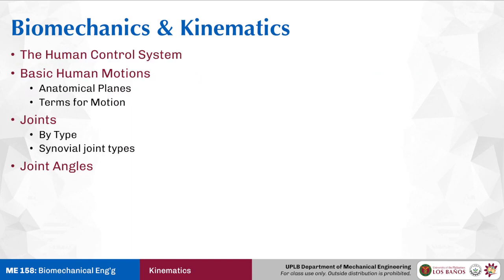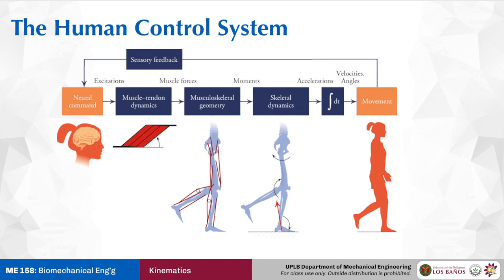So these will be our coverage for today. We will talk briefly about the human control systems, then go through basic human motions, the joints, and conventions for the joint angles. Now, humans, they're kind of like machines, not very similar to machines, but they can be contextualized as machines.